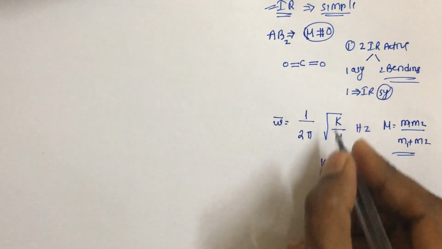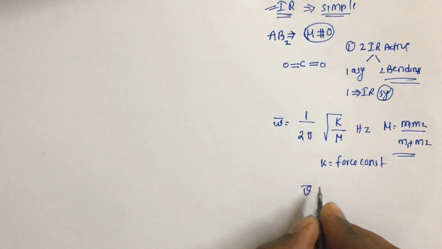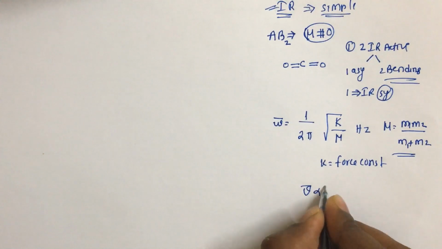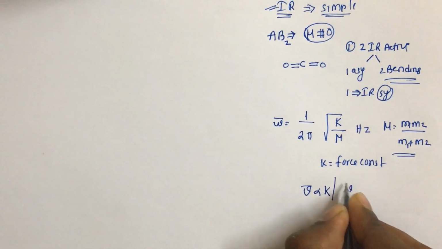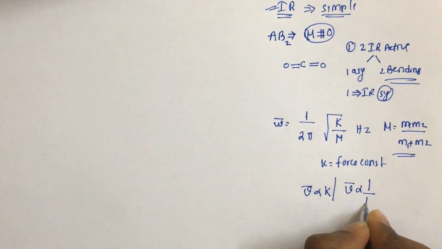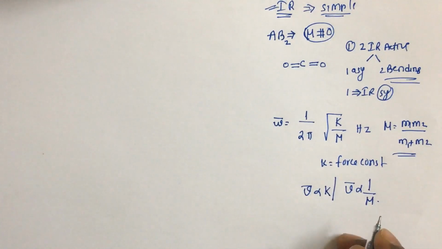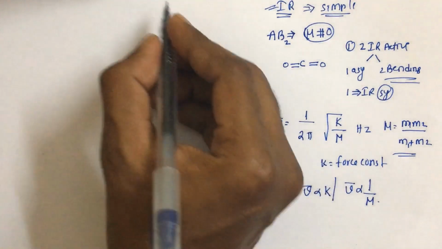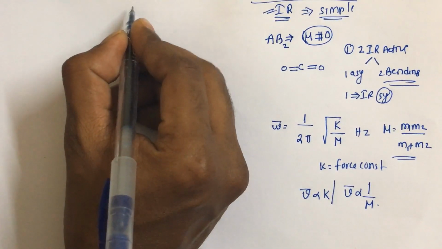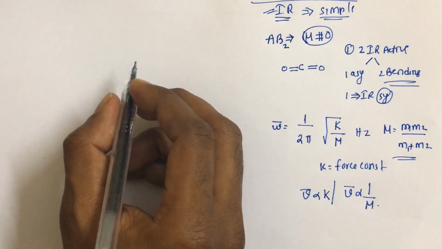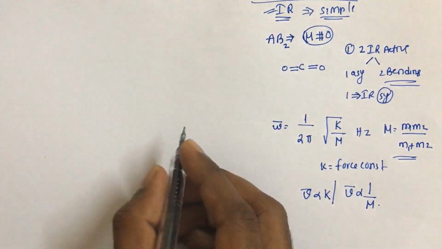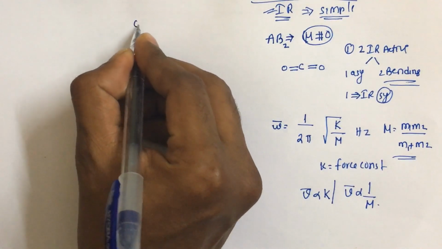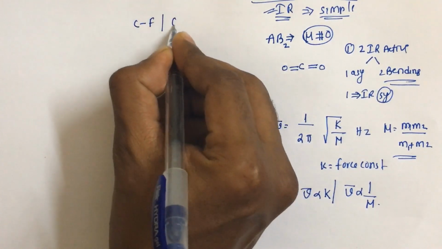From this formula we can see that the frequency is directly proportional to the force constant, and the frequency is inversely proportional to the reduced mass. These are the two conditions we have to remember. Now we have two examples, CF and CCl.